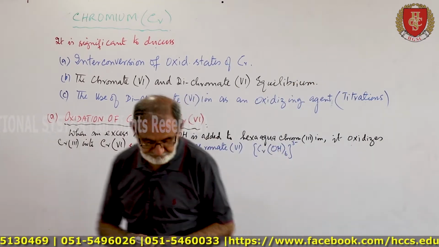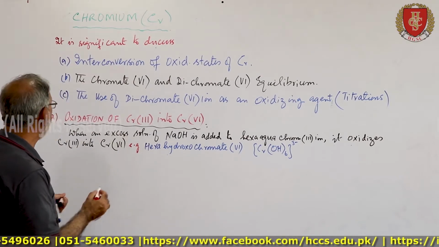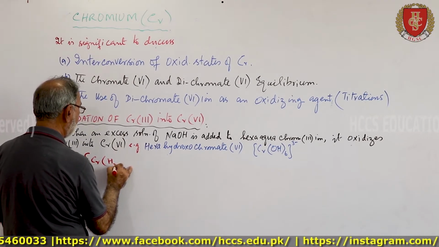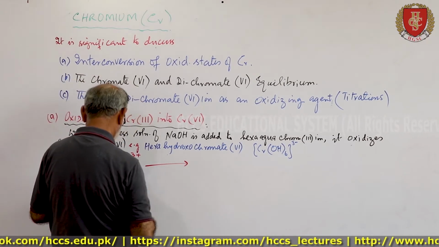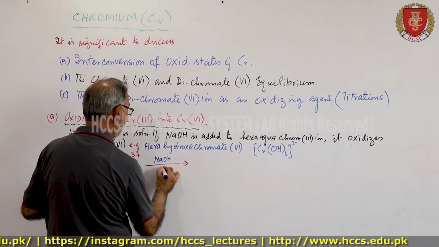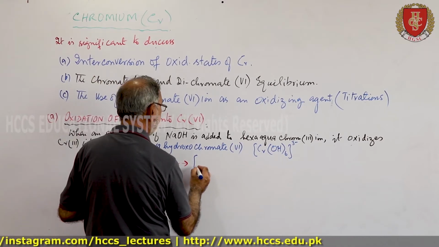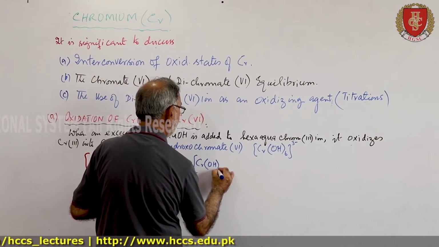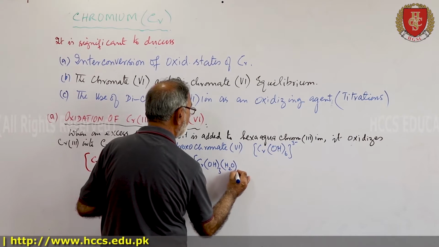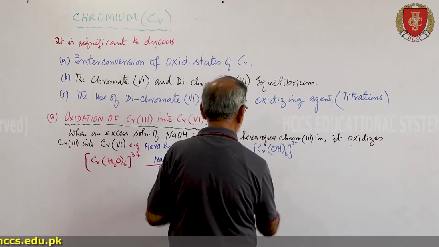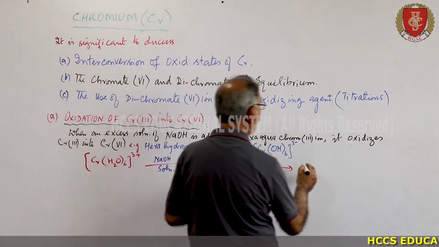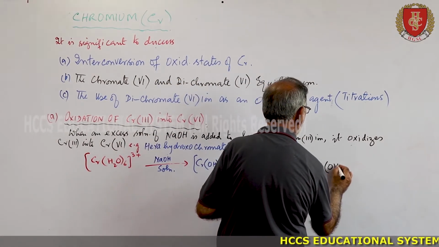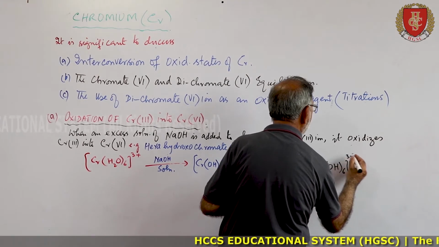So here we have the hexaaqua chromium 3 and we add sodium hydroxide solution. It forms Cr(OH)3(H2O)3, and then excess NaOH forms [Cr(OH)6] 3 minus.